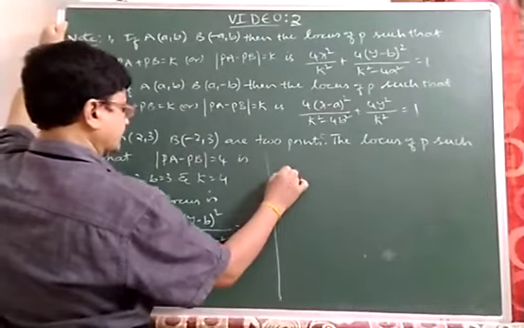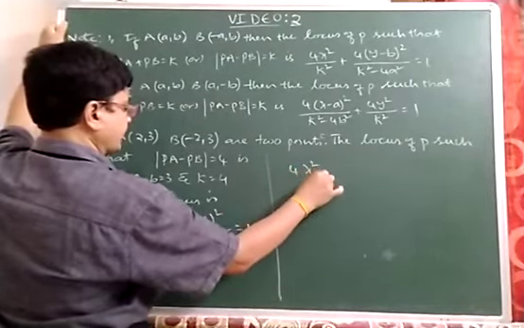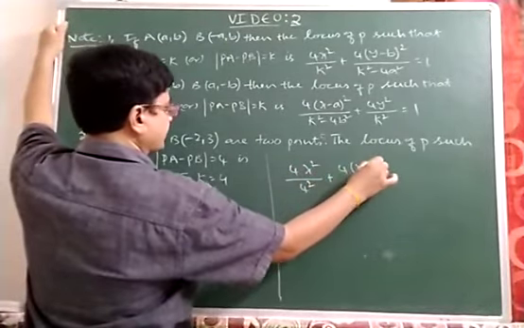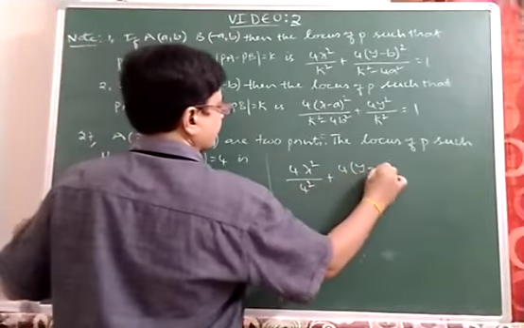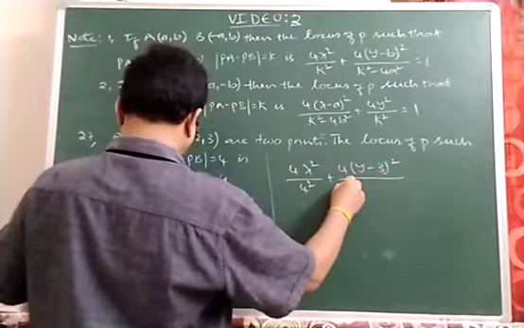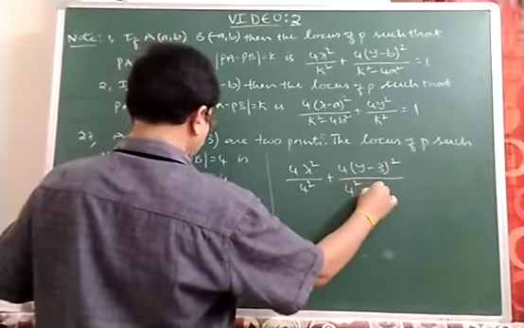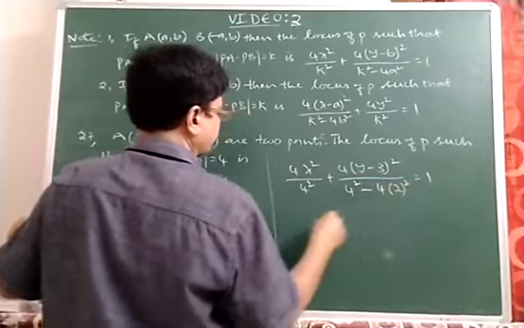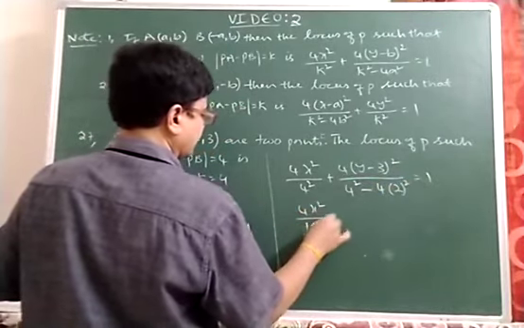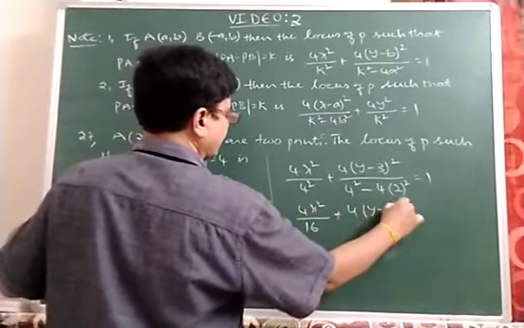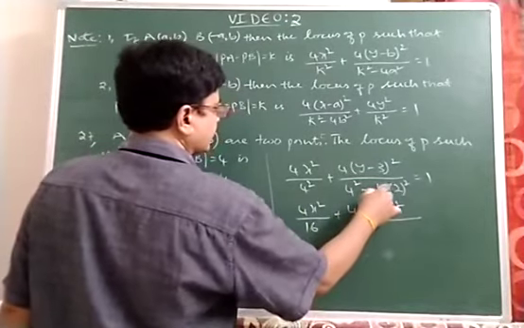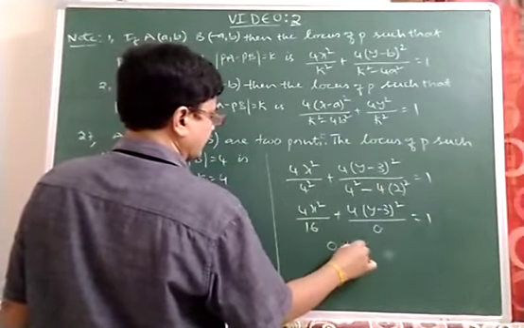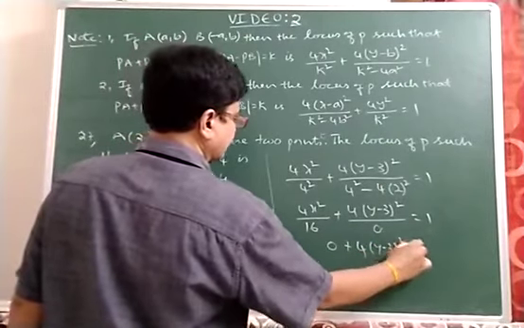So that is equal to 4x square by k square. K square means 4 square, plus 4 into (y minus b) whole square, b means 3, by k square. 4 square minus 4 into a square, that means 2 square, is equal to 1. 4x square by 16 plus 4 into (y minus 3) whole square by 16, minus 16 is 0, is equal to 1. 0 into anything is 0, plus 4 into (y minus 3) whole square is equal to 0.